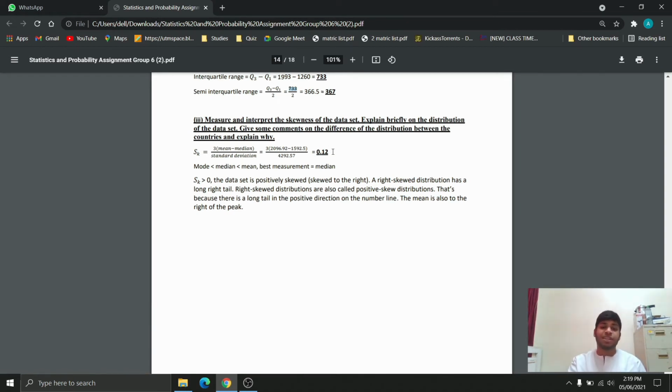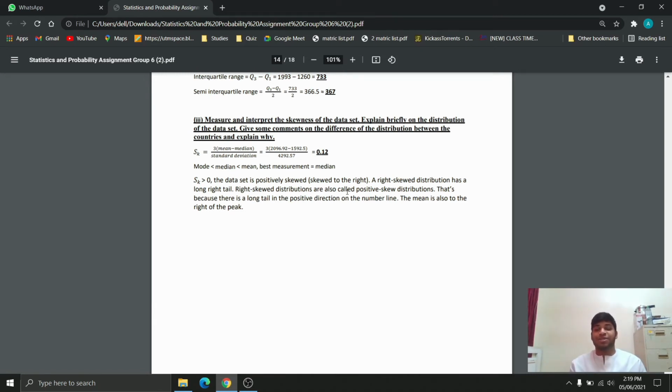That means this is bigger than 0, which eventually means that the graph is skewed to the right. Because of that, the least value is the mode and the greatest value is the mean, so the best measurement that we can take is the median, which is the middle one. Since it's greater than 0, the graph is skewed to the right, which also means it's positively skewed.